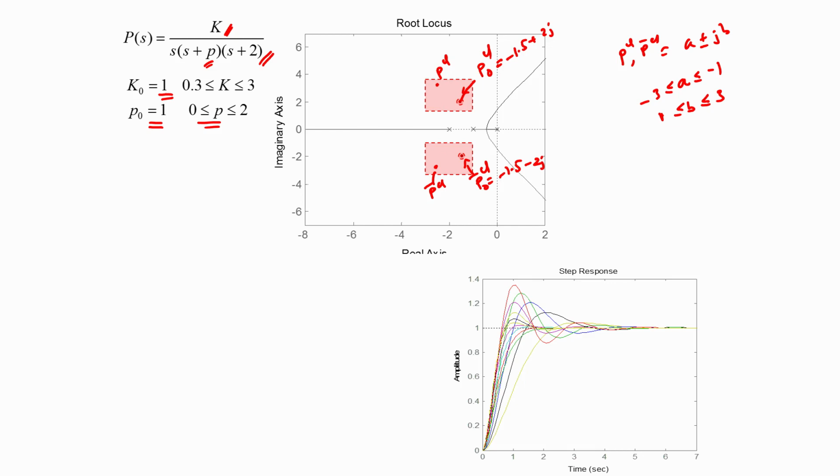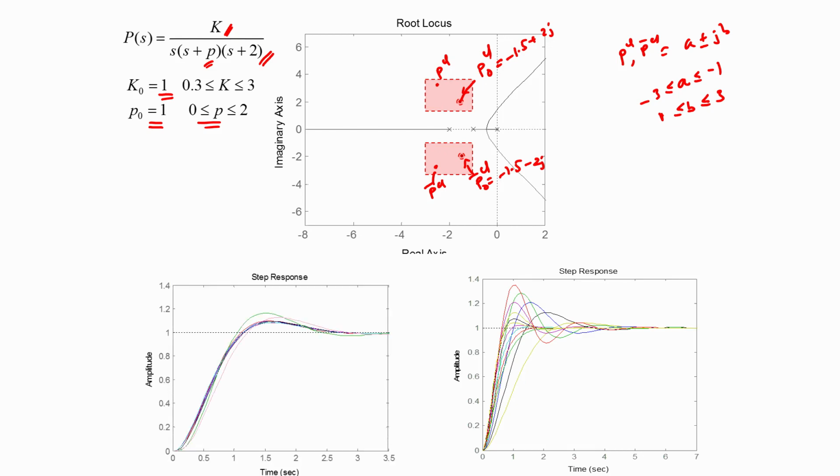So, in comparison to what is now considered an acceptable variation in the closed loop response, I have plotted on the left what was considered an acceptable variation in the closed loop response when we undertook the design using root locus.